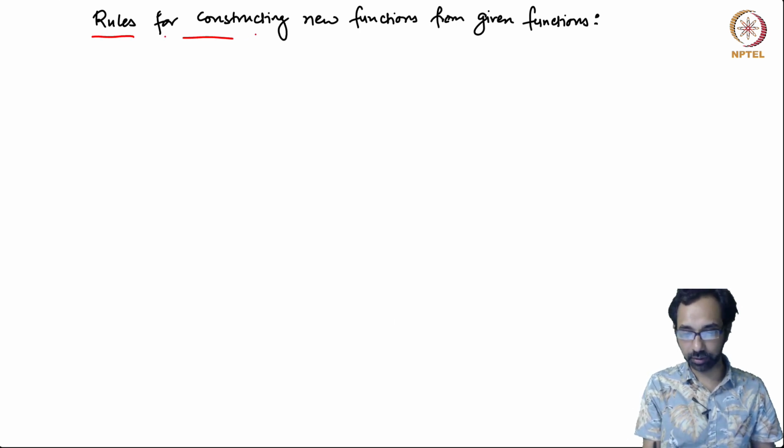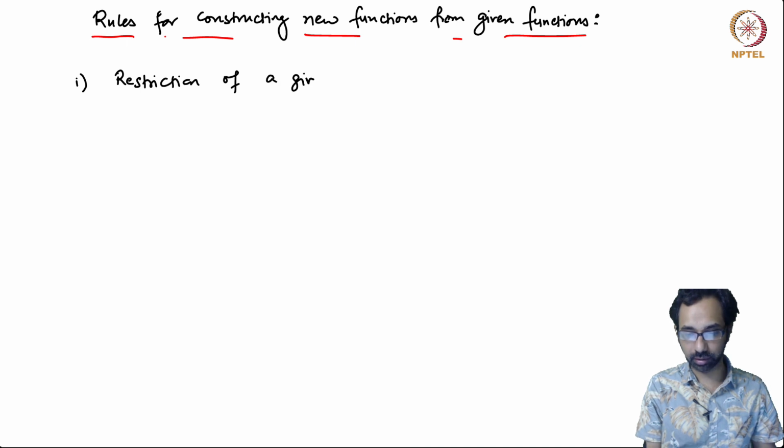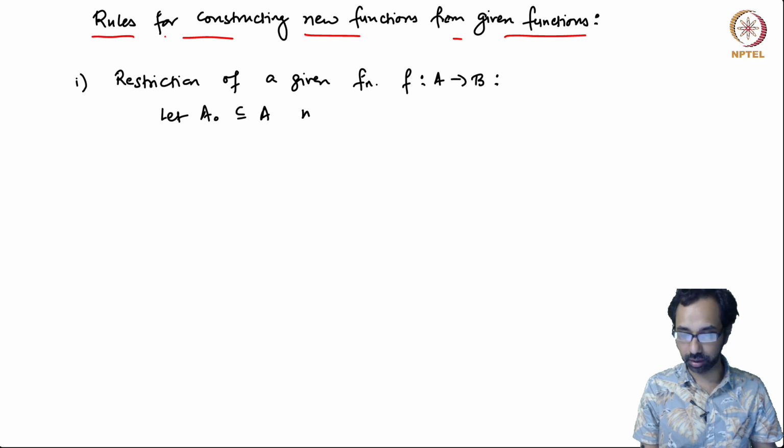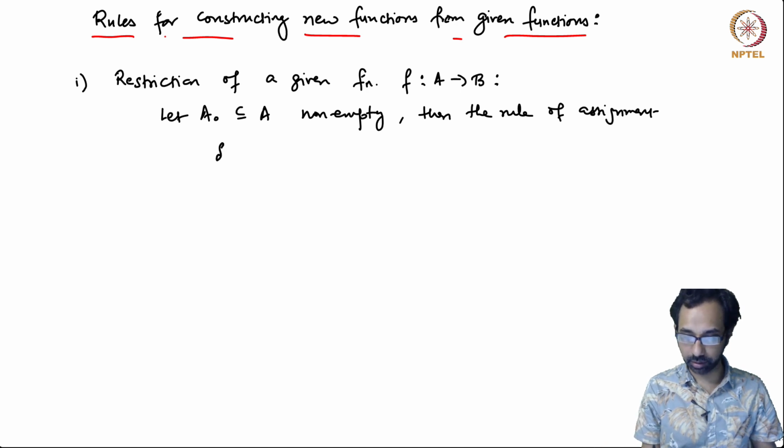And so we have one way is to do the restriction of a given function f from A to B, and this is simply if you take A0 to be a subset of A, non-empty subset, then the rule of assignment given by, so let me call it R naught.